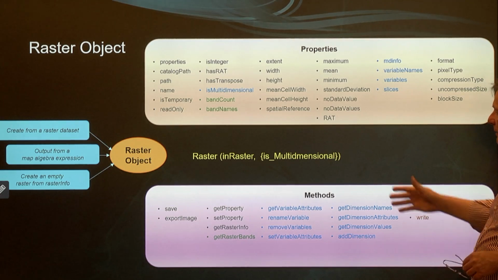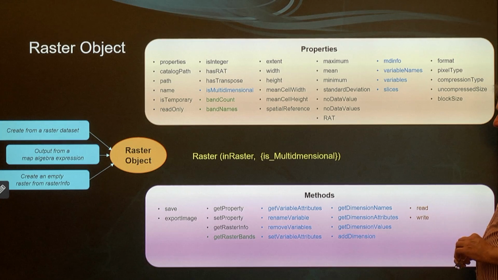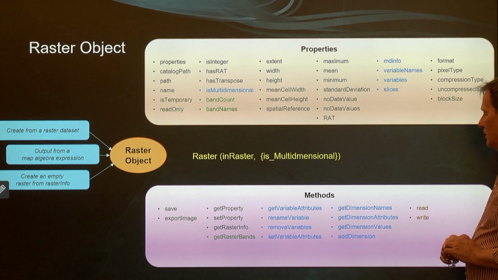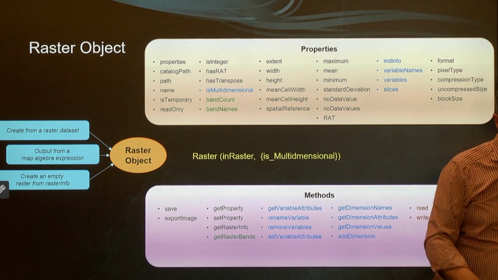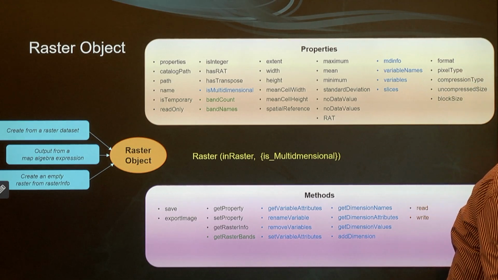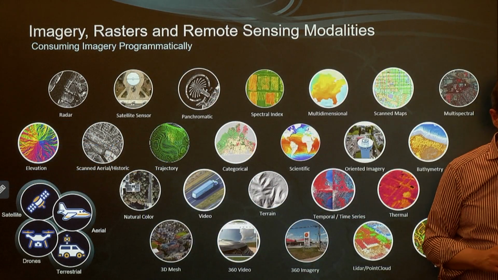And then you can apply methods to the raster object. Again, to be more specific on handling single objects as compared to doing generic operations, though the data sets might be very different.